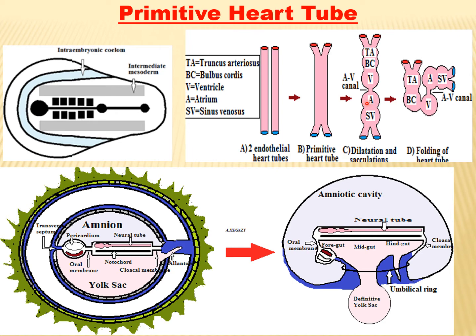The heart tube gives rise to the endocardium, while the surrounding mesenchyme condenses to form the myoepicardial mantle. This mantle differentiates into myocardium and the visceral layer of pericardium, what is called epicardium.